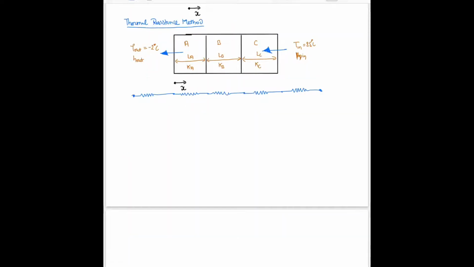So here I will have a thermal resistance of 1 by H out into area. This area is my wall area, so I am going to write this as A.